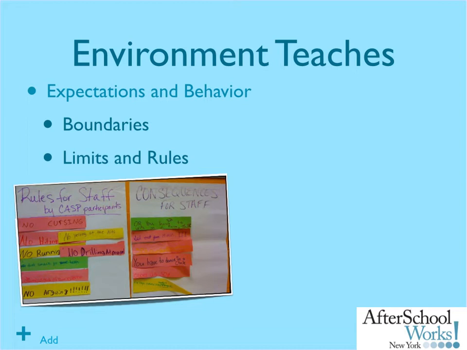The children were obviously involved in that. They each got a strip of construction paper to paste onto the consequences and rules poster. There's one of those for the children as well, and they were also involved in that part of the process. I just like that tie back to the social contract to remember that it's a two-way process.